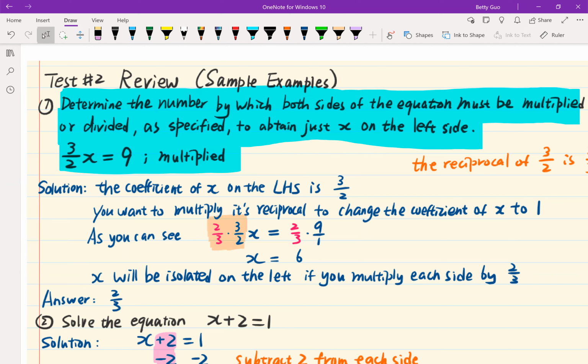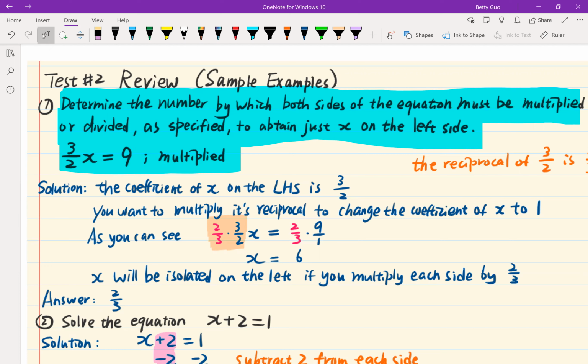Because when we multiply 3/2 by 2/3, x is isolated, right? On the right, we have 9 times 2/3, but we don't have to care about that. You are not solving. Am I clear? Yes. Kendall? The first problem, you are not solving the equation.